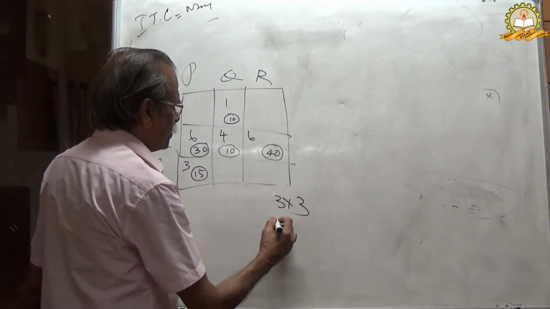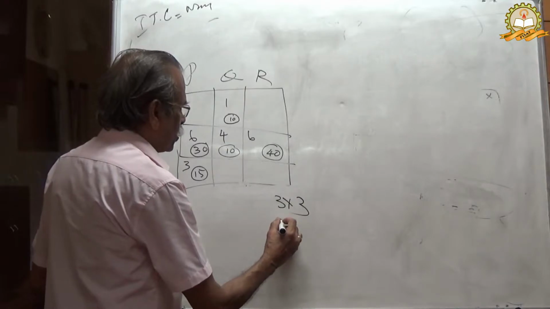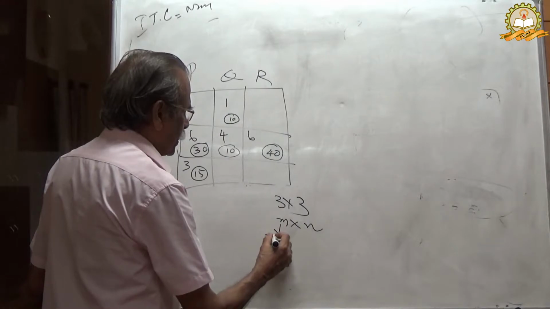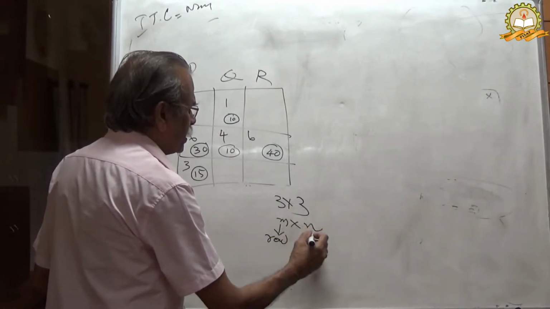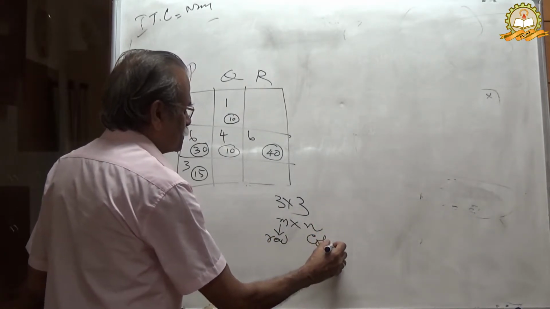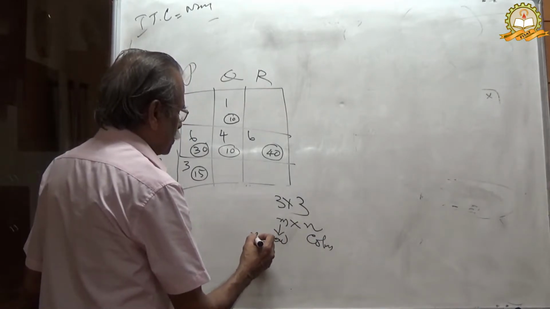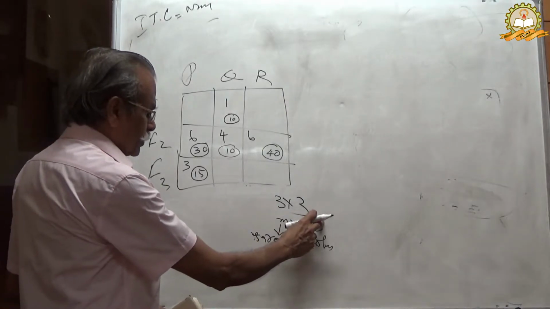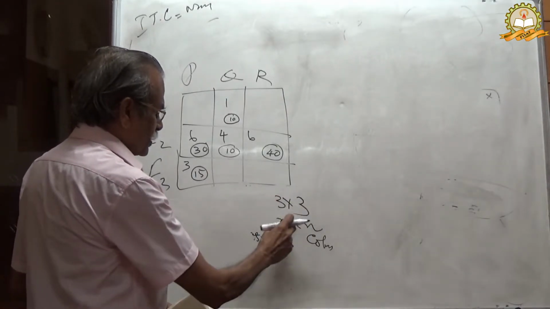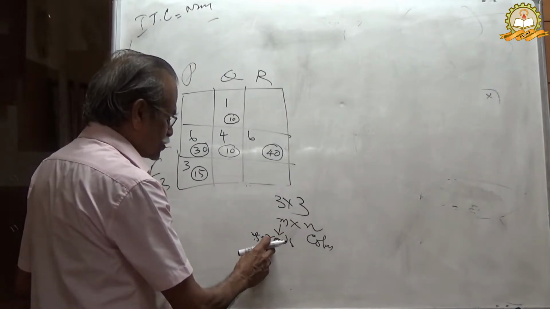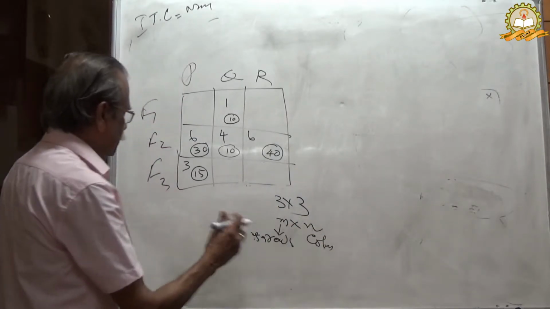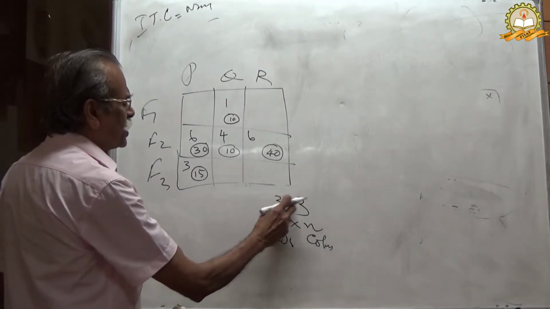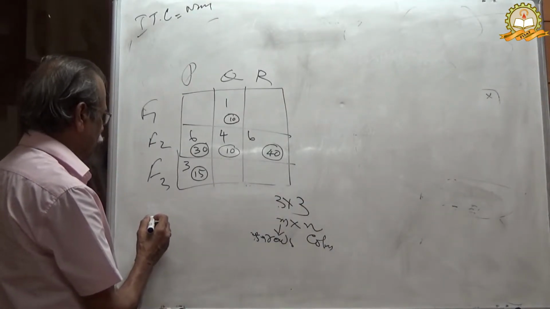If we mention m equal to number of rows and n equal to number of columns, it is an m by n matrix. M means rows, n means columns. Here you can see m into n is 3 into 3.